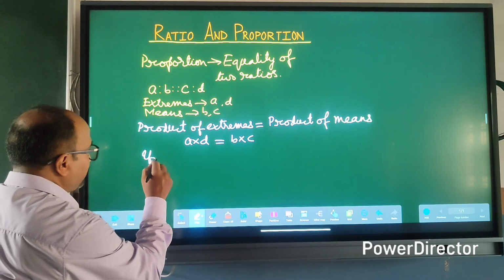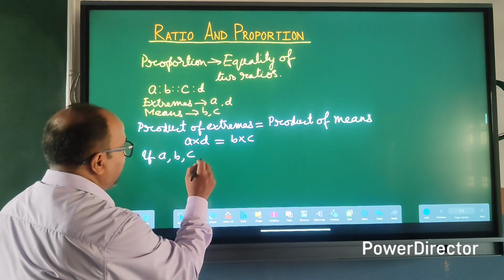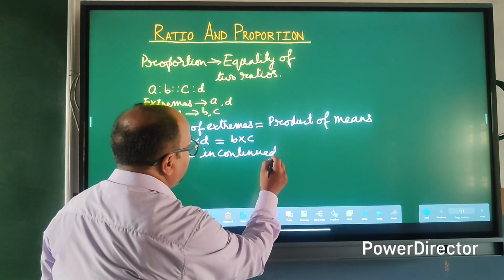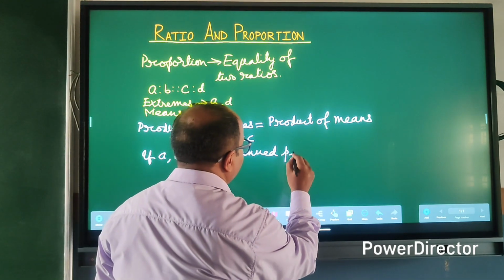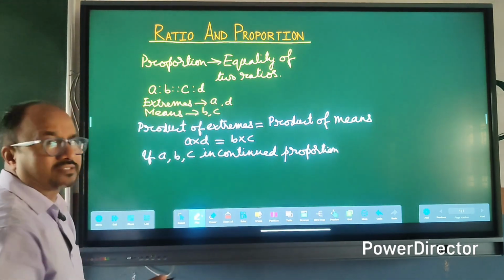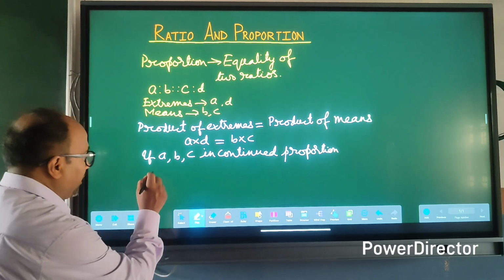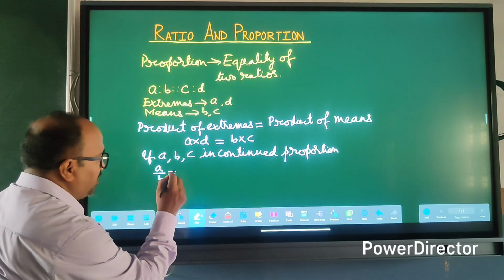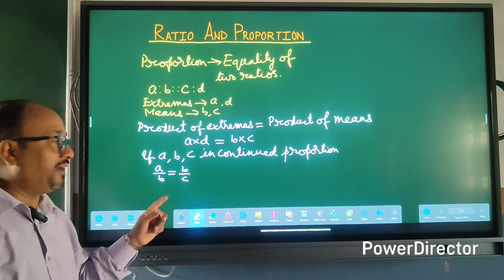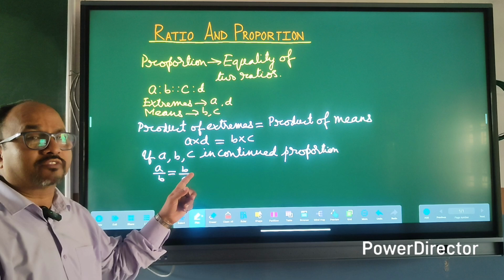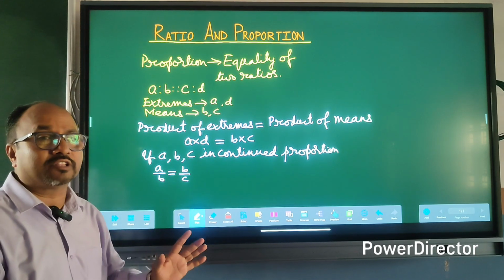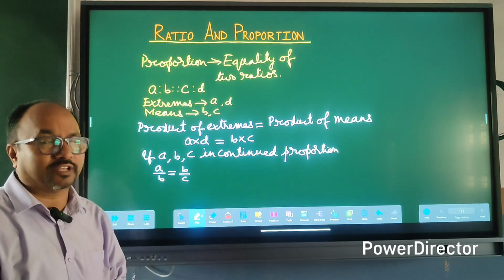So if I have A, B and C in continued proportion, what it signifies is this way: A by B will be equal to B by C. It means with whichever term you are ending the ratio, you have to start with that same term in the next one. So I ended here with the term B, so the next one is starting with the term B, and with that the ratio of the next one.